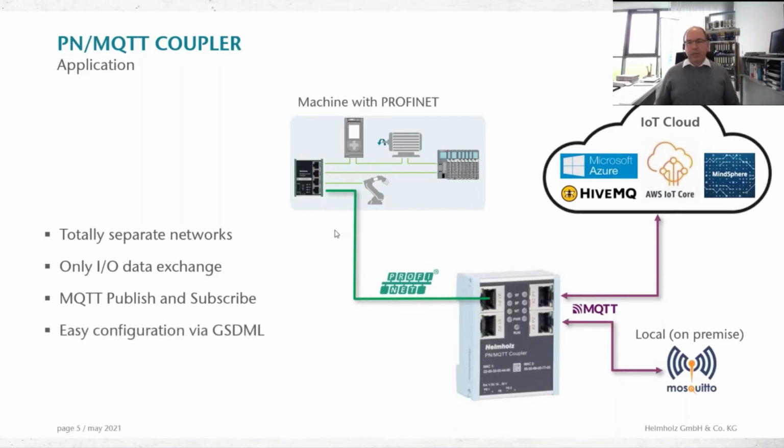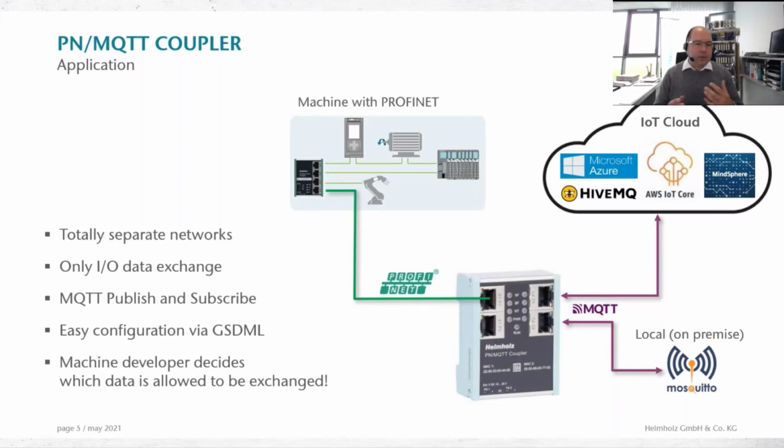And the configuration is done easily by a GSDML file, which is then included in the TIA Portal, for example, and you set up the data exchange while you are setting up the machine. So in the design phase of the machine, or later when the machine is already running, the machine developer, the company developing the machine, decides by themselves which data is allowed to be exchanged.